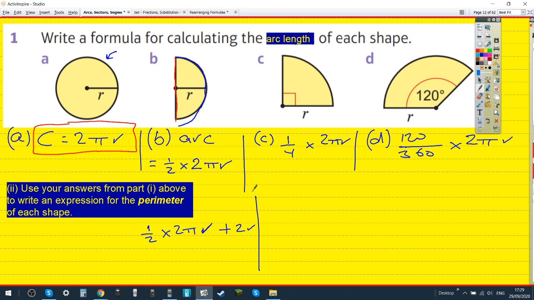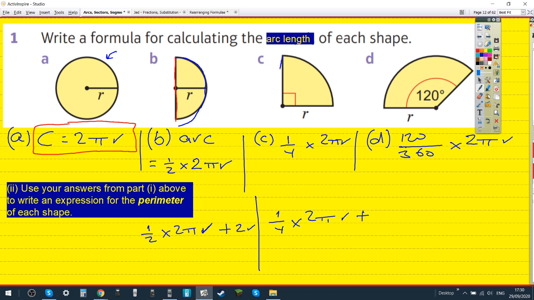Okay, how about question C? What would be the total perimeter if the arc was a quarter times 2 pi r? You need to add a quarter times 2 pi r to, is it 4r?